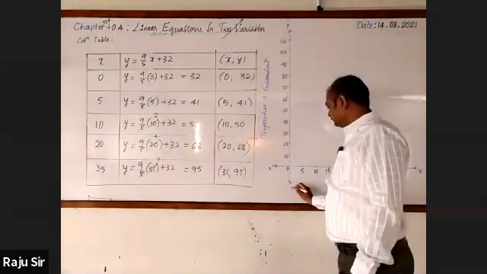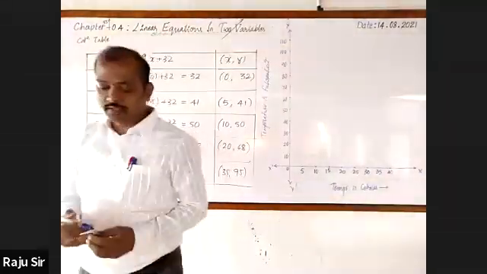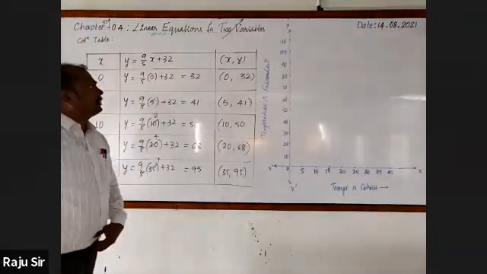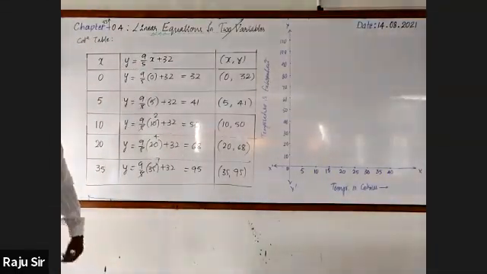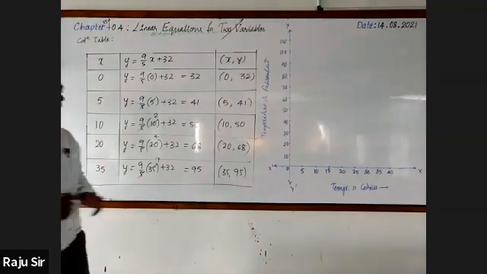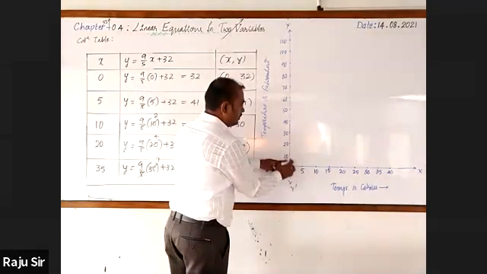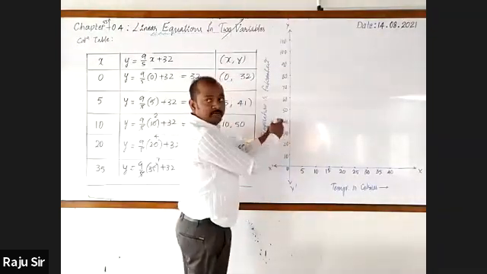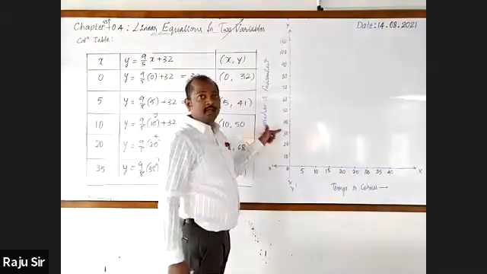Yes, sir. Let us go for marking. First, 0 and 32. Between 30 and 40, how many boxes are there? 10 boxes.